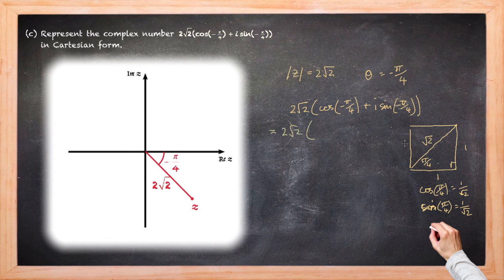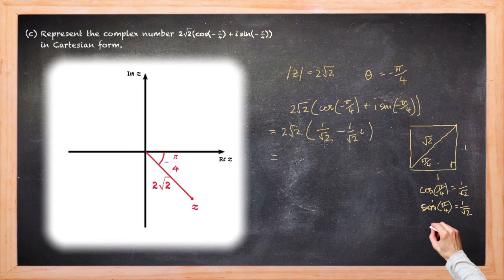The cosine of negative pi upon 4, remember that's a positive value, it's the same as 1 upon root 2, and sine of negative pi upon 4 will be negative 1 upon root 2. The imaginary part is negative, fourth quadrant sine is negative, so that will be minus 1 upon root 2 times i. And we can proceed by multiplying out.